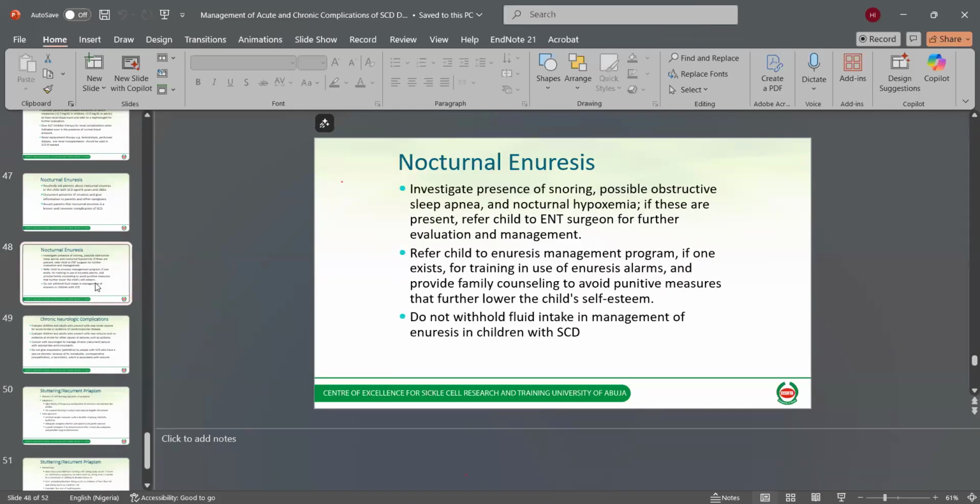Investigate presence of snoring, possible obstructive sleep apnea, and nocturnal hypoxemia. If these are present, refer child to ENT surgeons for further evaluation and management.